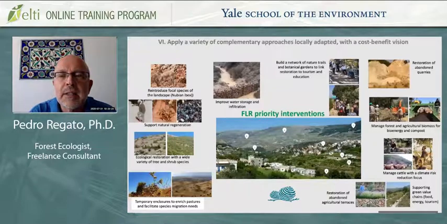And through forest landscape restoration, restore networks of natural trails, establish botanic gardens with an education focus, to facilitate the visitors to know about the landscape, and also to know about the importance to restore the landscape.